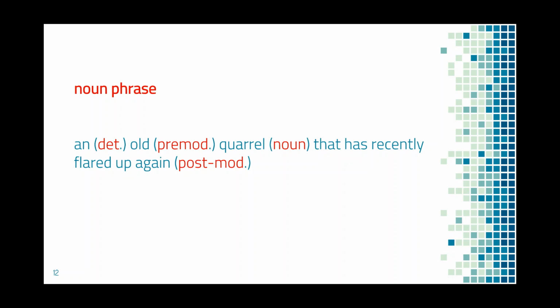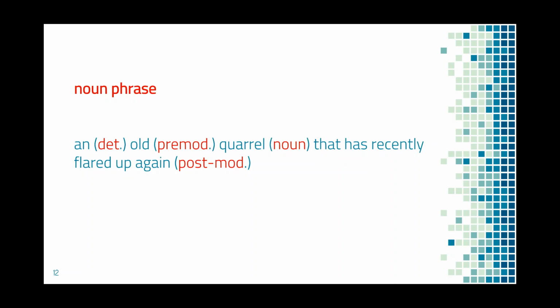If the main word is a noun, it is often introduced by a determiner and may have modifiers. Pre-modifiers are modifiers that come before the main word, and post-modifiers are modifiers that come after it. Look at the example.